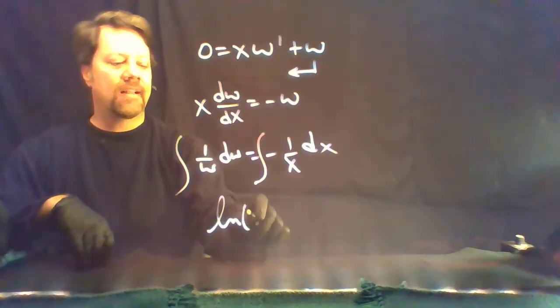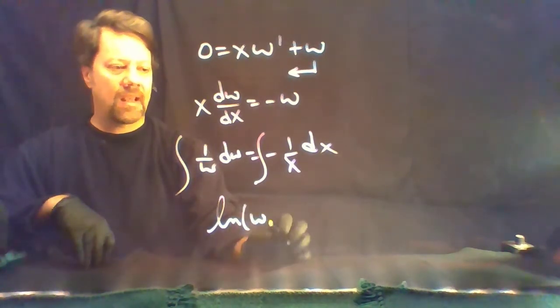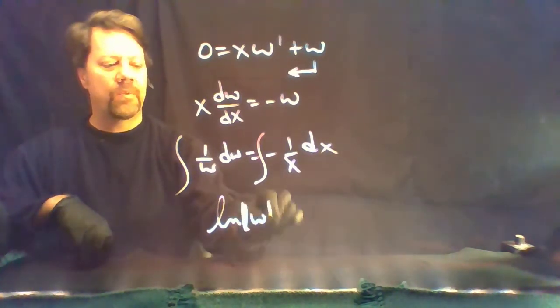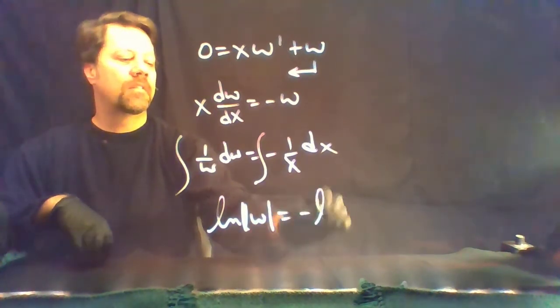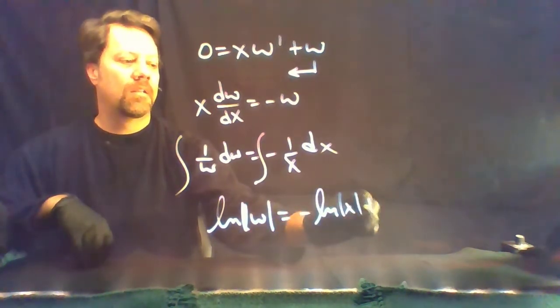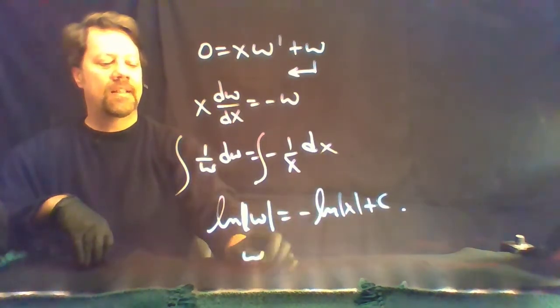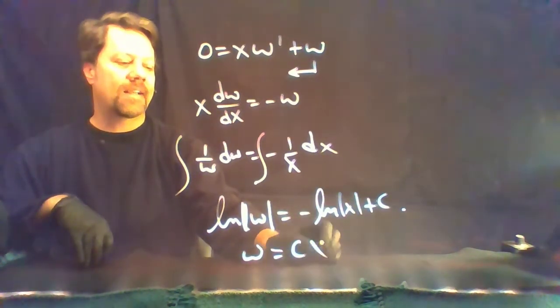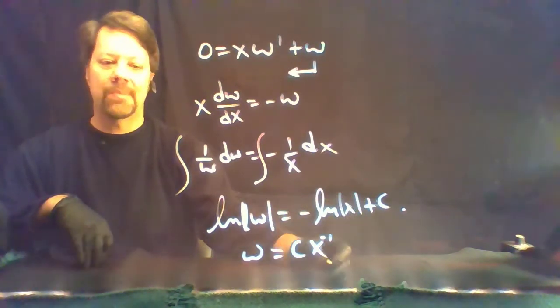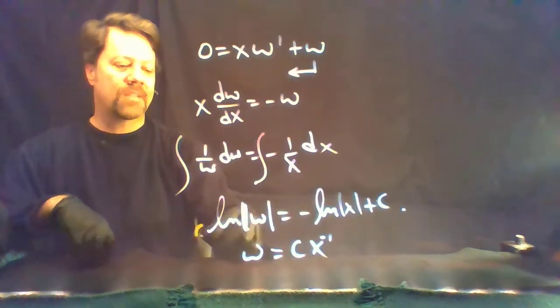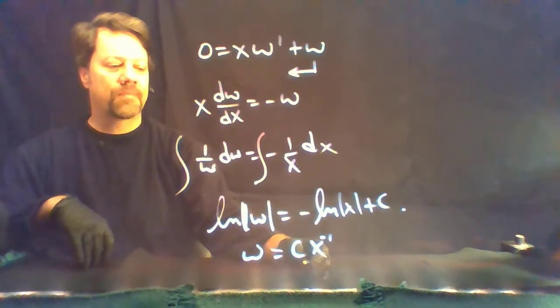We get ln of w, and as you'll see, we don't need the plus c's or the absolute values here. We'll get w as a constant times x to the negative 1 using the property of logs, where this becomes an exponent on the x, and then we exponentiate to get rid of the logs.